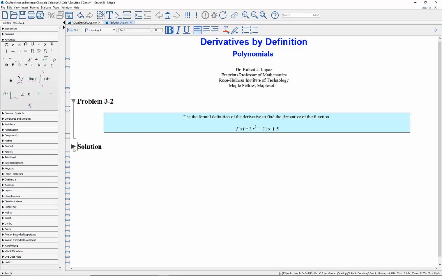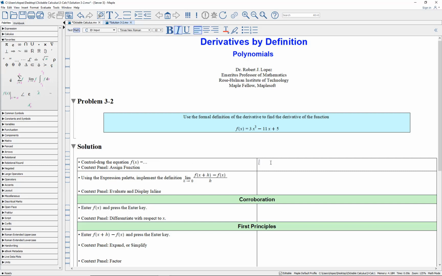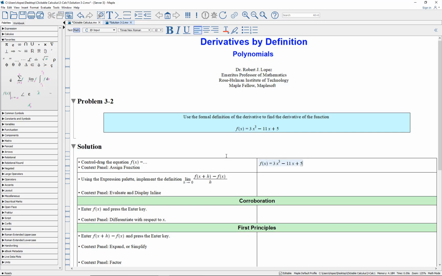The solution here in Maple starts with the definition of this function. So I'm going to select it, hold down the control key, and pull it down here. I call that a control drag. It's not a Maple thing, it's a Windows thing. I'm in Windows.